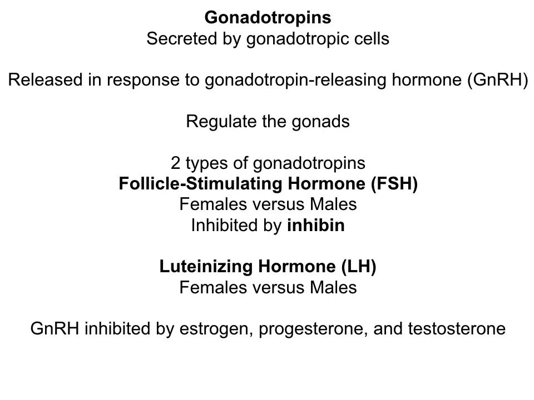Now, there are two different types of gonadotropins, and they're going to have different effects because males and females have different reproductive functions. The first hormone is called follicle stimulating hormone, or FSH. In females, FSH is going to stimulate follicle development and estrogen secretion.